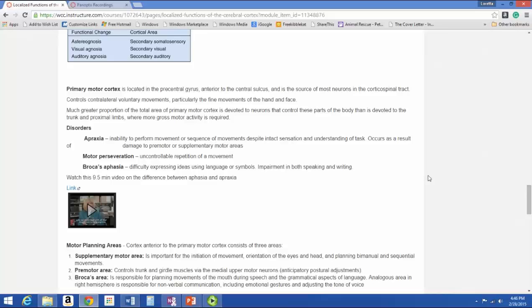They might take the toothbrush, brush their teeth, and then put the toothpaste on it. So they can't sequence things properly. Even though they understand it, they know what's supposed to go on, those areas in their motor cortex aren't working. They can't organize the activity. Despite the fact that they understand it and they have the coordination and sensation to do it, they can't put it all together.